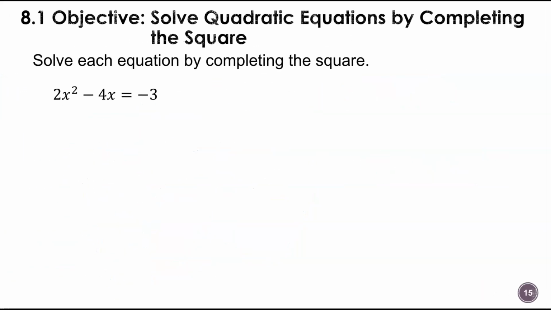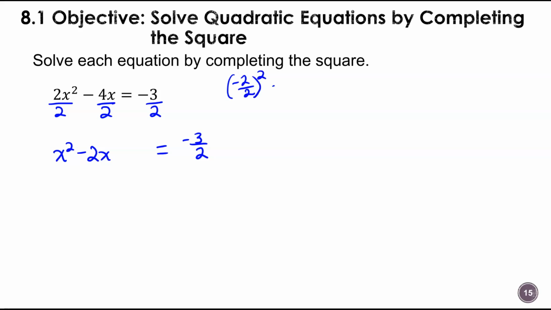All right, so this is my last example, and I'm getting low on time here to finish in 15 minutes. We're dividing everything by 2 first. All right, that's going to give me a negative 3/2 on that side. Half of negative 2 is negative 1.